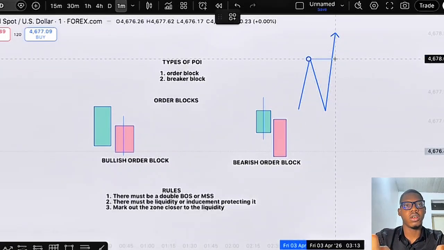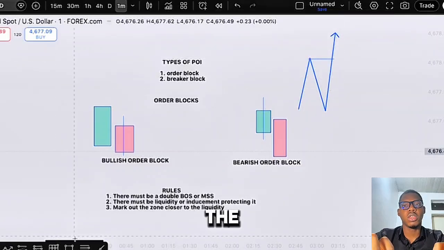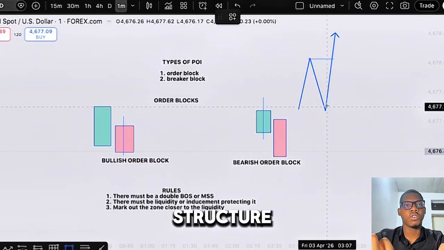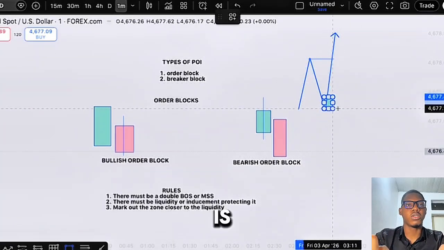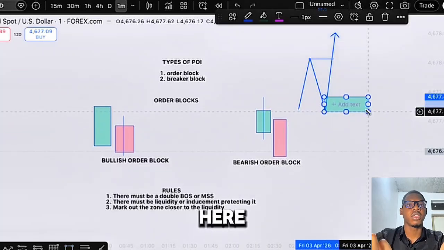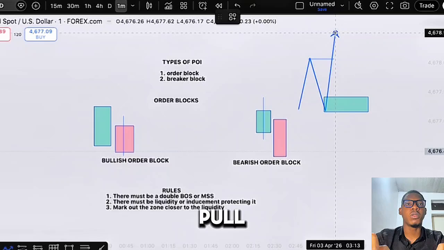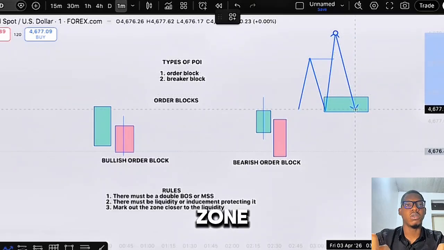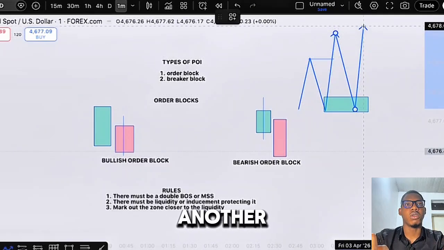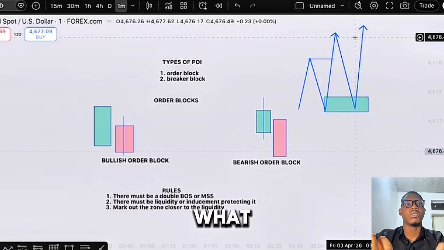So the candle that caused the break of structure is this candle right here. What we're expecting is that price should come back and pull back into this zone to form another break of structure.